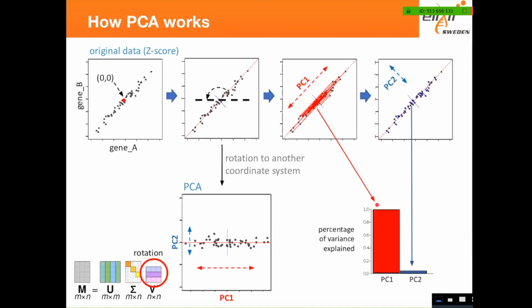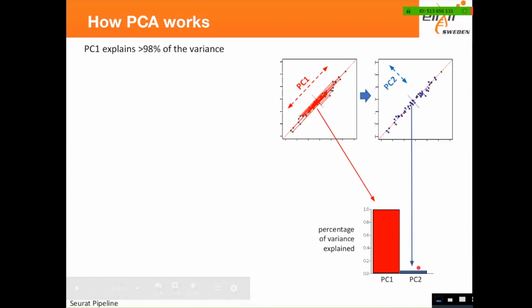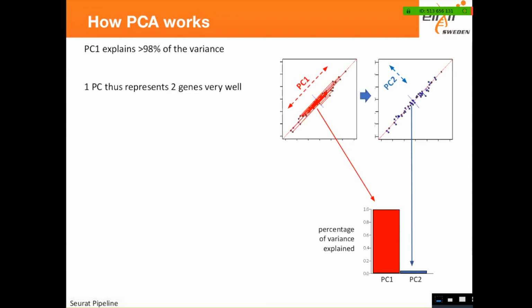So 98% of the variation in your data is represented in principal component 1, as opposed to maybe 2% in principal component 2. PC1 explains 98% of the variation, and principal component 1 then represents those two genes well, because they are highly correlated in this example. So then you don't need two genes to explain this phenotype. You just need one principal component.